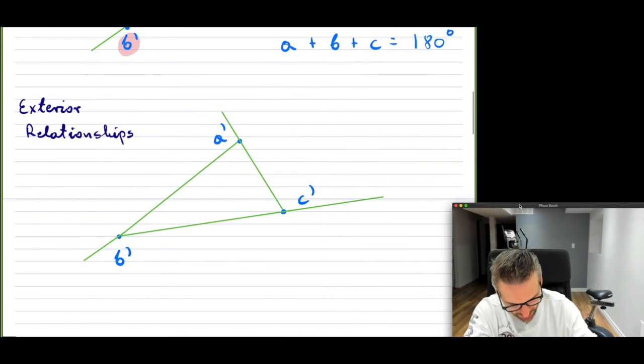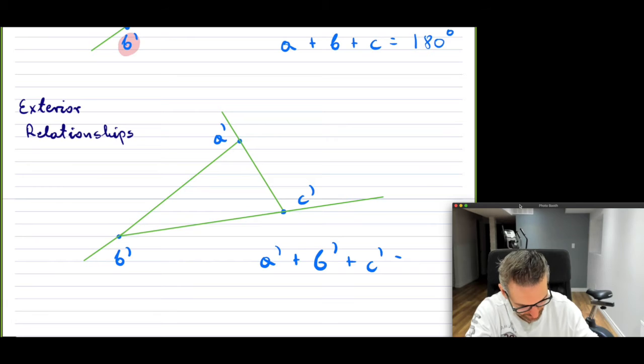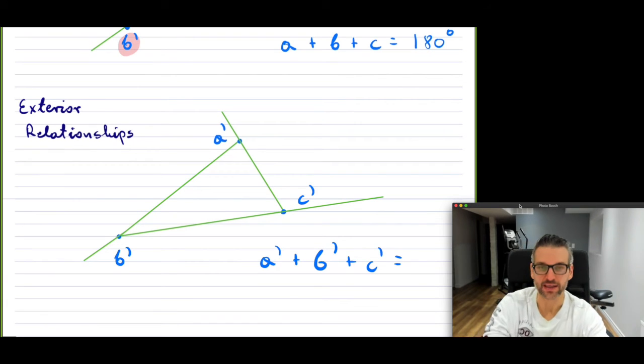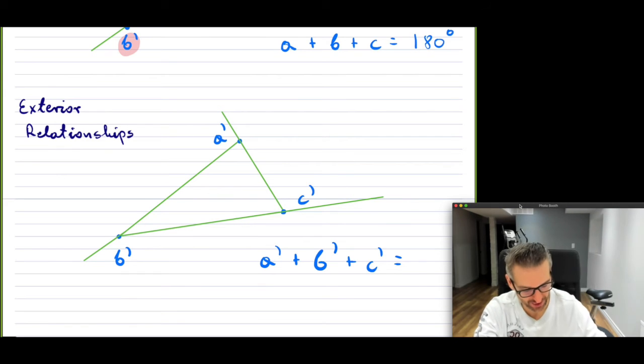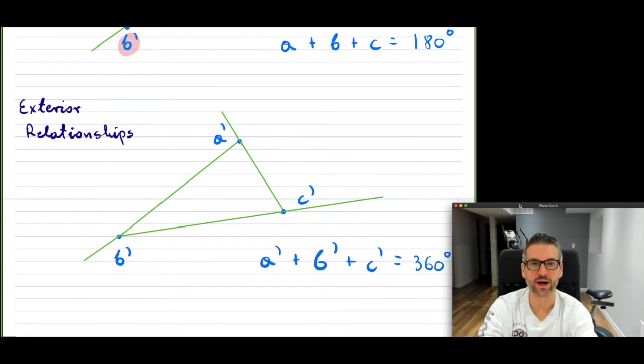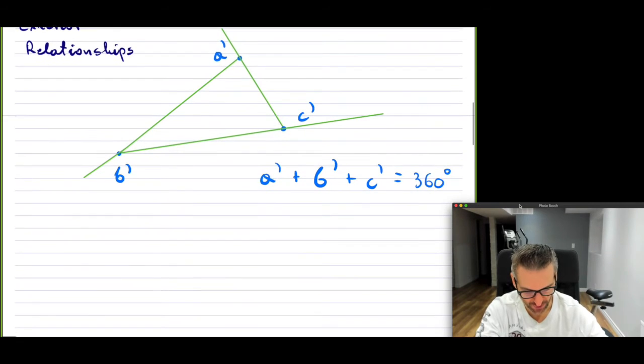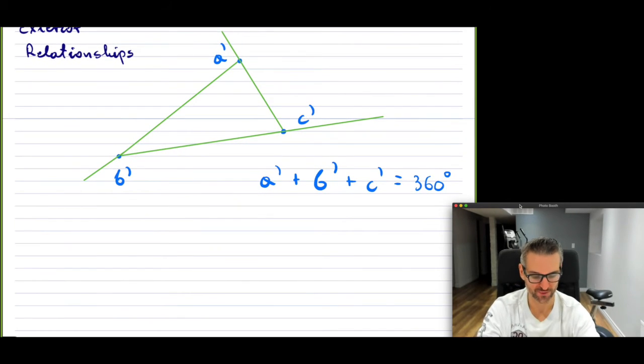It turns out, and I wonder if you know this one, the summation of these is not 180, but actually 360 degrees. So that's one of the relationships for exterior angles of triangles, and that's a useful one to know.